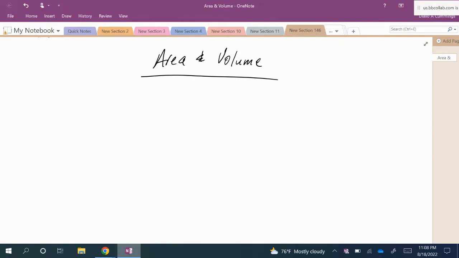So first we'll start with area. And from geometry, here I'll just sketch out a rectangle. You know that in order to find the area, we simply multiply the length times the width.